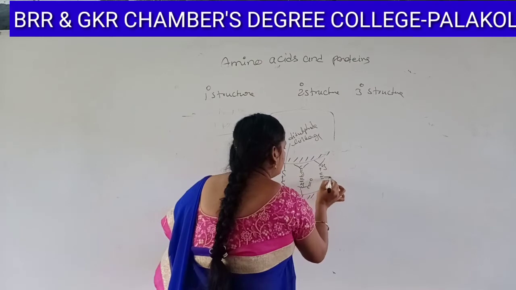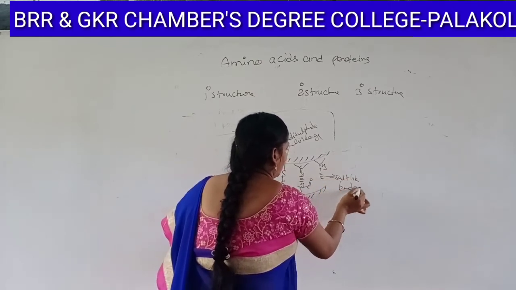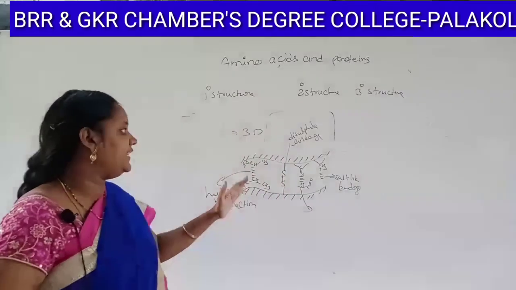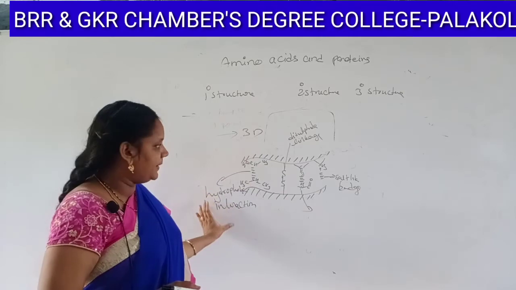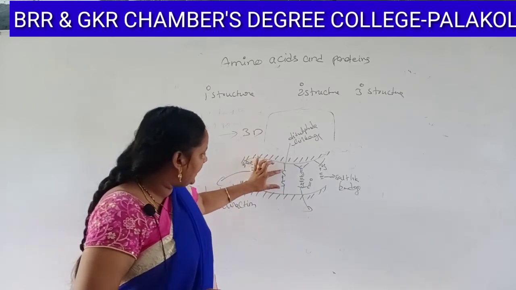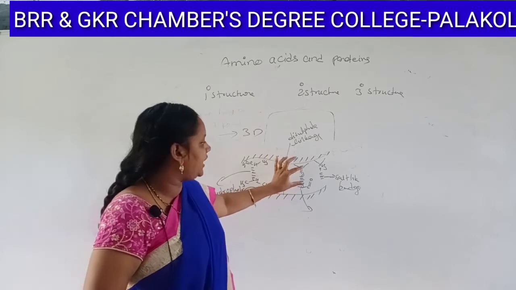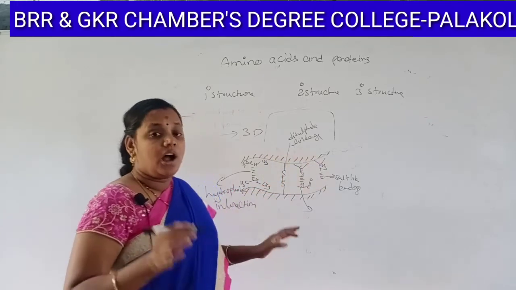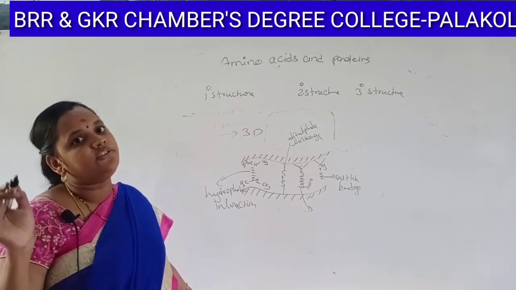And you may have salt bridge. All this may be present in the tertiary structure of proteins. You may have hydrophobic interactions, you may have disulfide linkage, you may have intermolecular hydrogen bonding, you may have salt bridge. All these things may be present in tertiary structure of proteins.